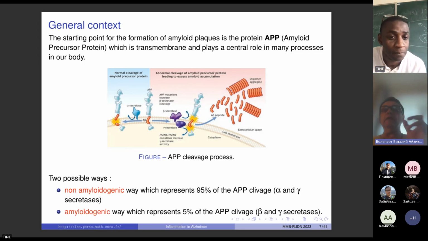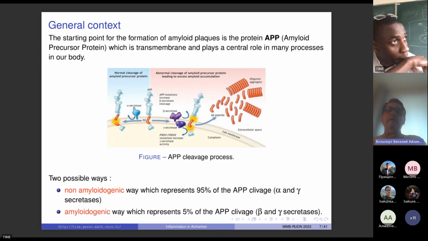Right. Yes. The next question, and of course it was largely discussed, but I think it might be useful to repeat. These beta amyloids, this 5% which are bad, why do they appear?